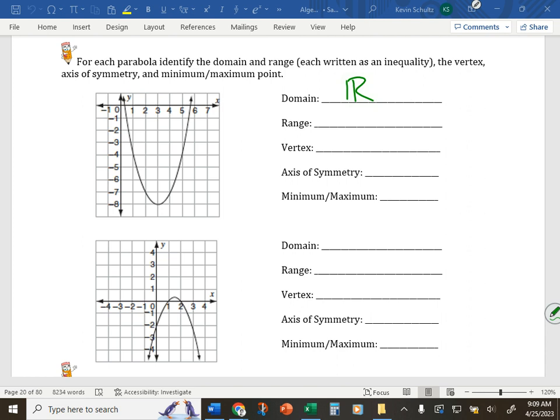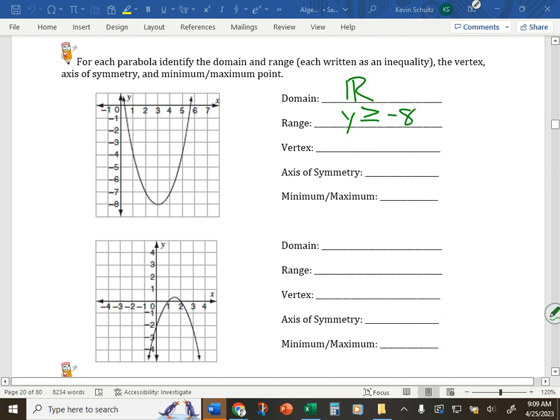Our y values of this parabola are all greater than or equal to -8, right? Because where that vertex point is on the y-axis, it's at -8, and then it goes up from there. So -7 is a part of it, -6, -5, -4, -3, everything above -8, nothing below it. -9 is never going to be a part of the parabola.